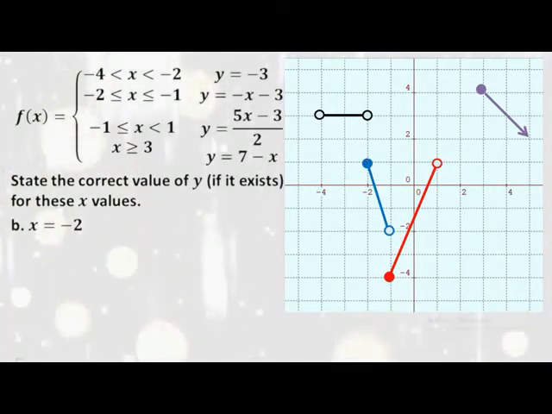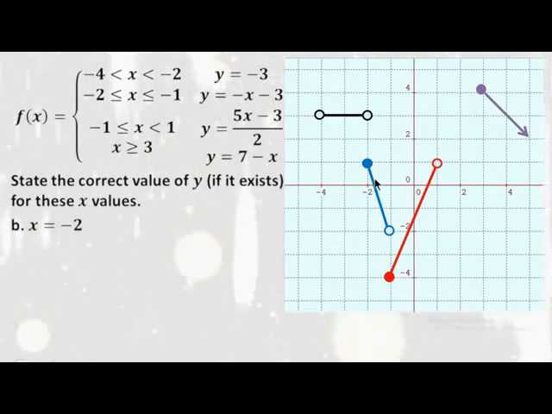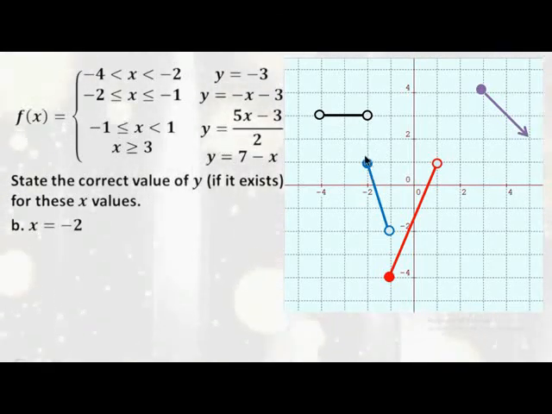Since -2 is the edge of both lines, we only use the edge that is filled. So in order to find the value of y, we use this equation. Okay, so if the value of x equal to -2, the value of y equal to 1, as you can see here.